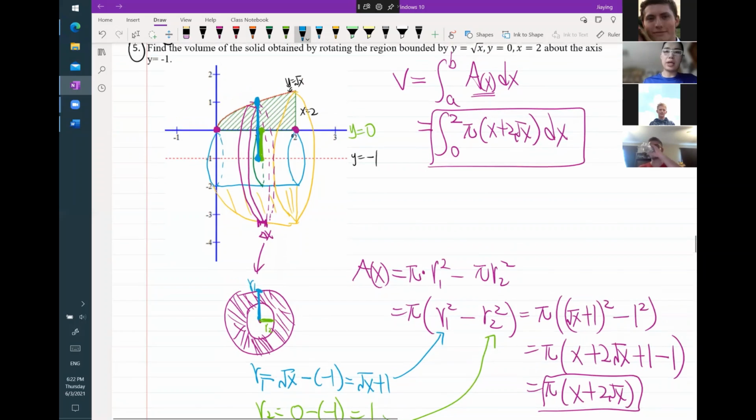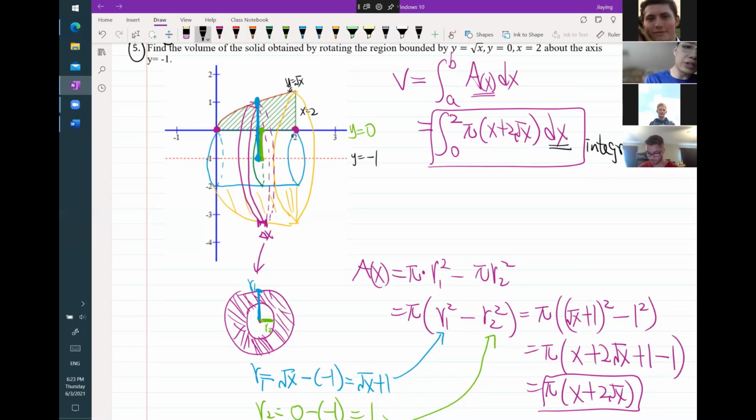So how do we get the boundaries for the integral from 0 to 2? We integrate with respect to x. That's what this dx tells us. So the boundaries have to be x values.